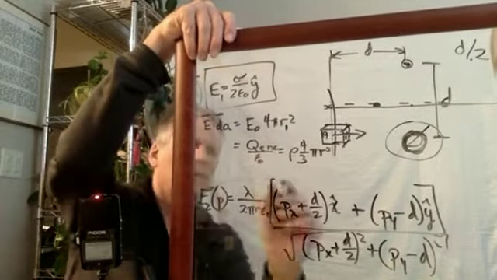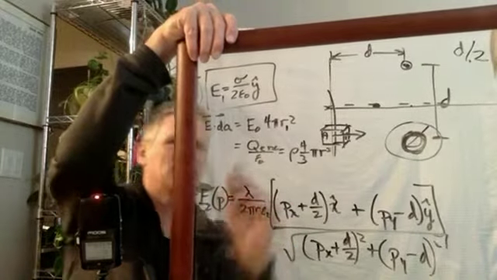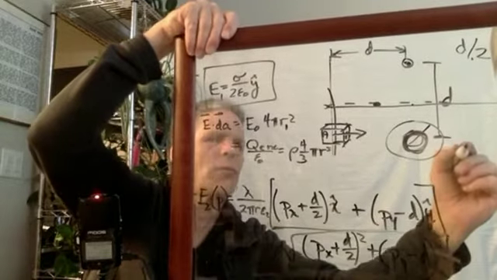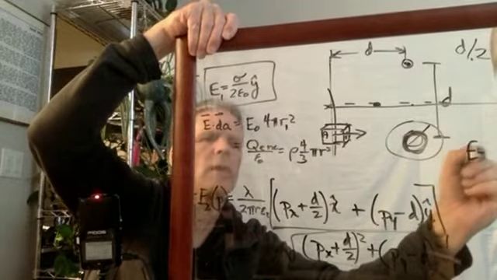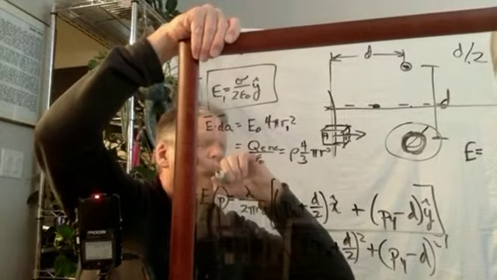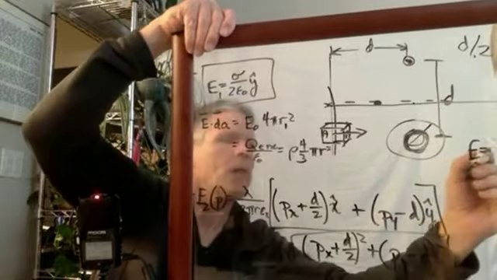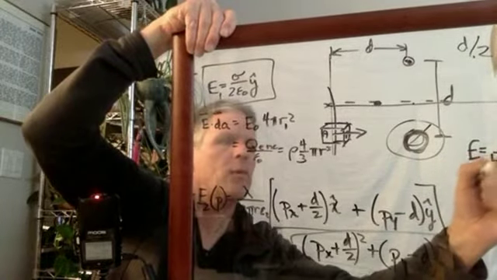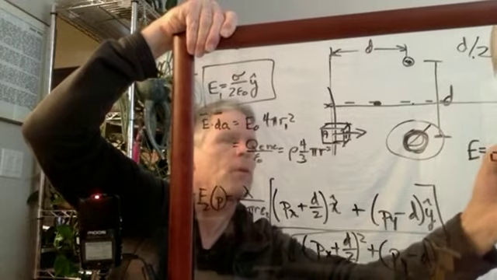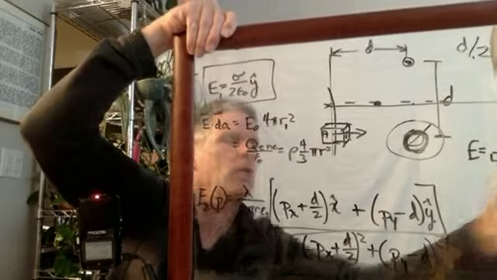So what is E? E equals 1 over 4 pi r1 squared times rho 4/3 pi r cubed.